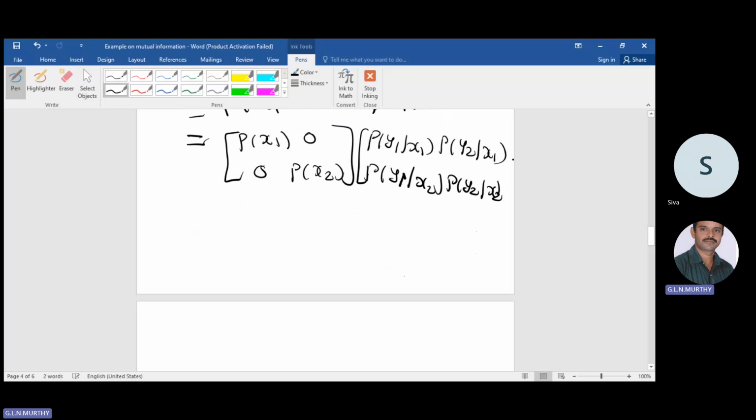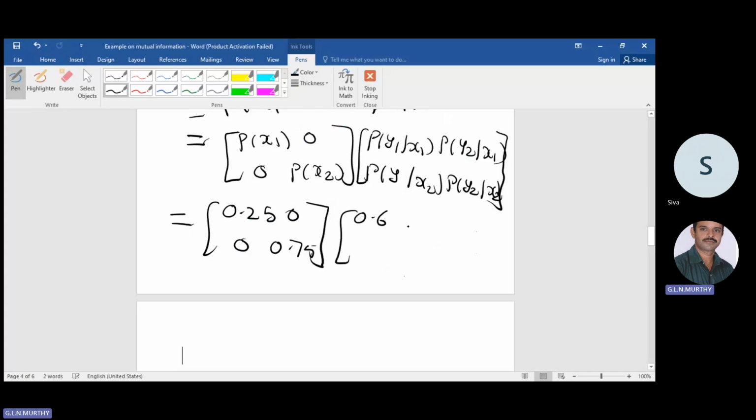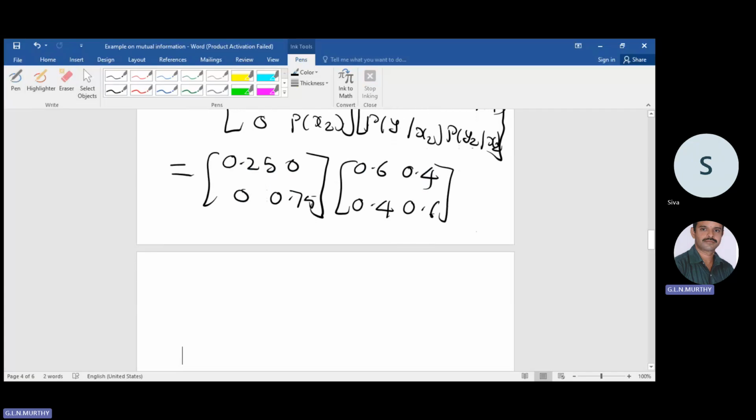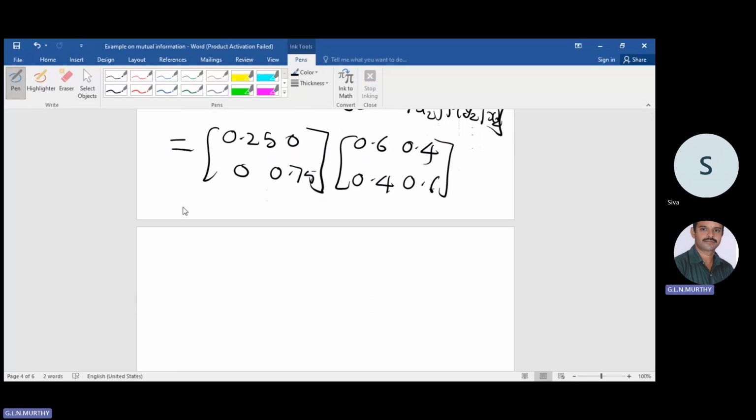We consider this diagonal matrix to perform the multiplication. This gives you 0.25, 0, 0, 0.75, the input probabilities, followed by 0.6, 0.4, and again 0.4, 0.6. They are the conditional probabilities P of y upon x.